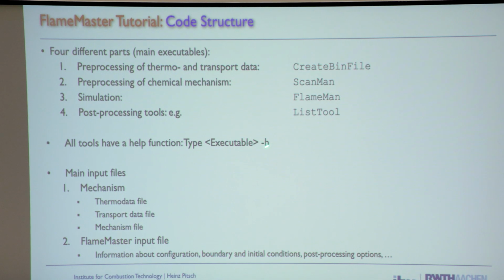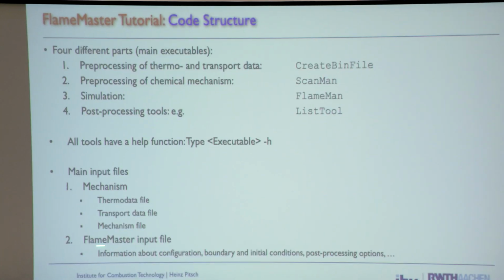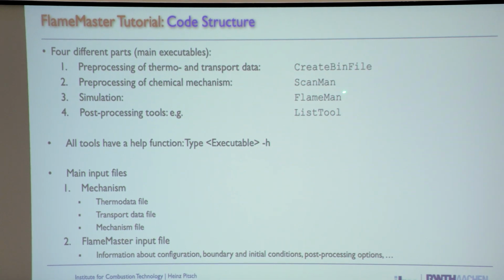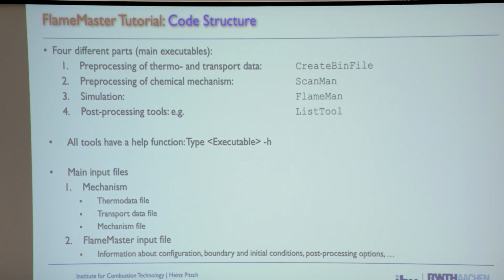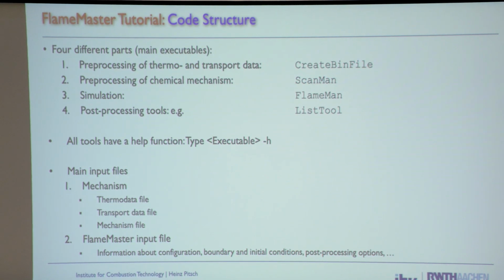So FlameMan -H gives a lot of information about options and so on. The main input files are these 3 files here. And then there's also a configuration file that we use for FlameMaster, an input file that tells the code what temperature I want to compute at, what the mixture is, and what configuration I want to solve.